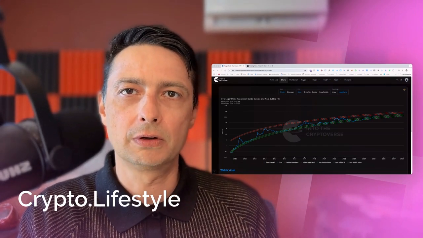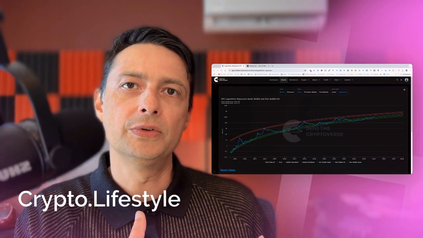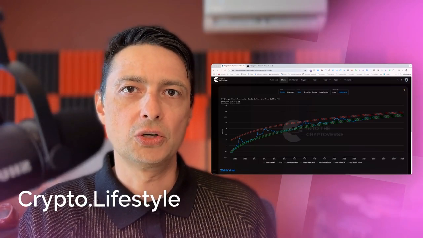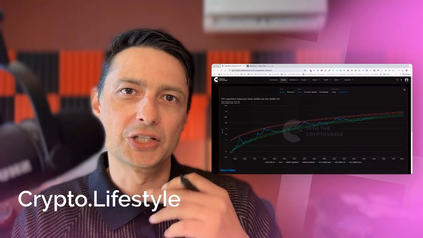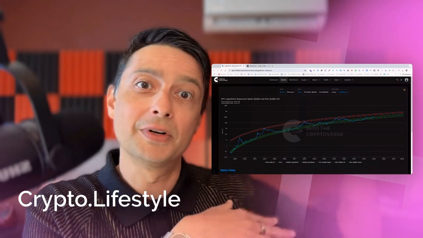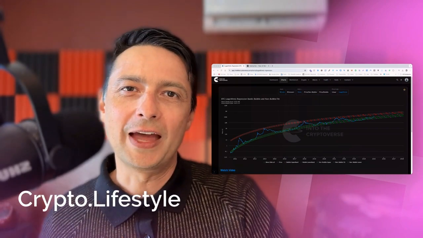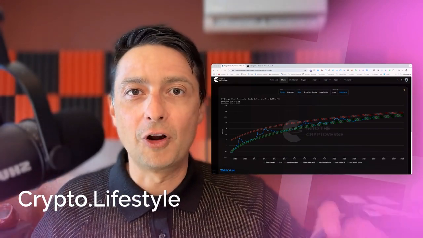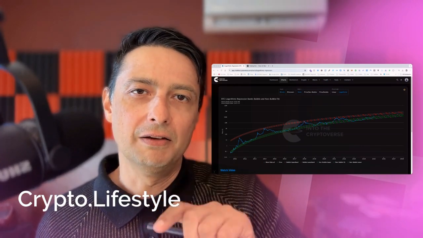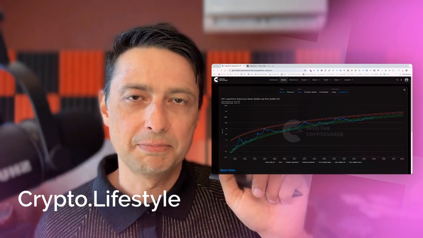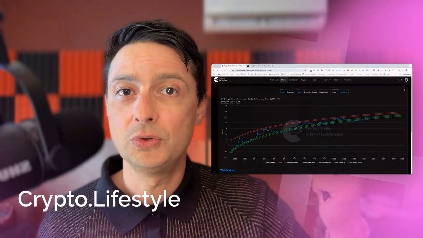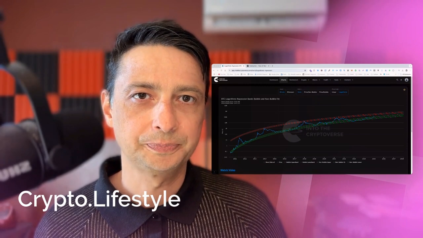When we use a logarithmic scale, we use a mathematical process in which we make the small numbers larger and the super large numbers smaller, so that when we look at it from a high level perspective, it's easier for us to recognize patterns and thereby predict future movements as well.